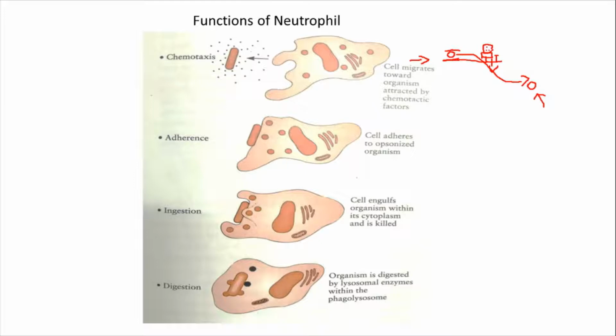The neutrophils migrate slowly; it's called crawl, C-R-A-W-L, crawl. They crawl towards the antigen. When the neutrophils reach the antigen, they get ready for uptake or adherence of the antigen. Okay.